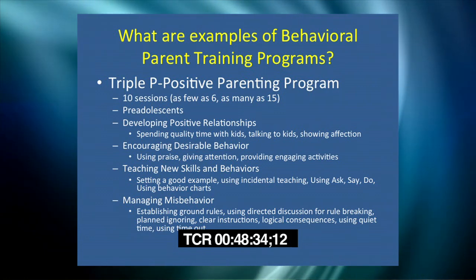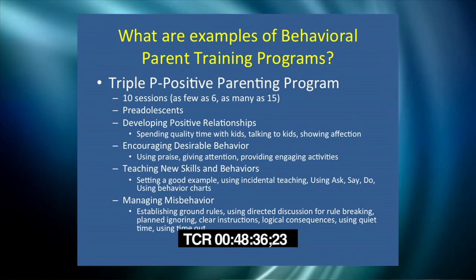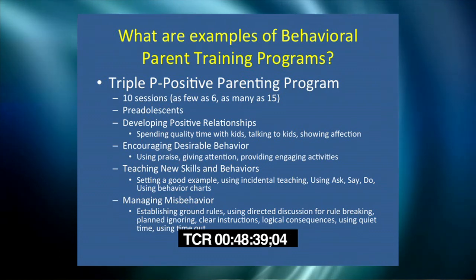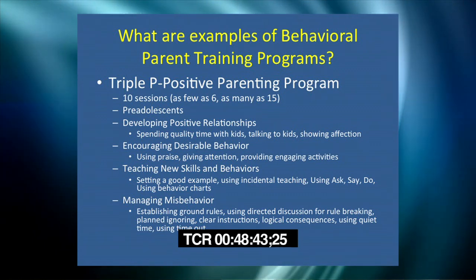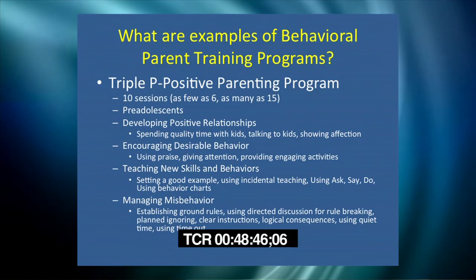And finally, managing misbehaviors through strategies like ground rules, directed discussion, planned ignoring, clear expectations, logical consequences, quiet time, using timeout. So those are the components of the Triple P parenting program, which is a behavioral parent training program for pre-adolescents. And again, I'm presenting each of these to highlight the abundance of commonality among them, and we are essentially extracting those commonalities in sessions to then give to you to work with parents.